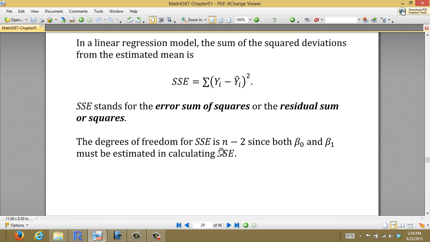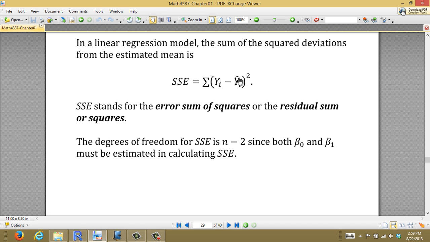Well, in the linear regression model, the sum of the squared deviations from the estimated mean is denoted by SSE, where SSE stands for the error sum of squares, or the residual sum of squares, since this difference is just the residual. So SSE is the sum of the squared deviations between each response and the estimated mean y hat sub i.